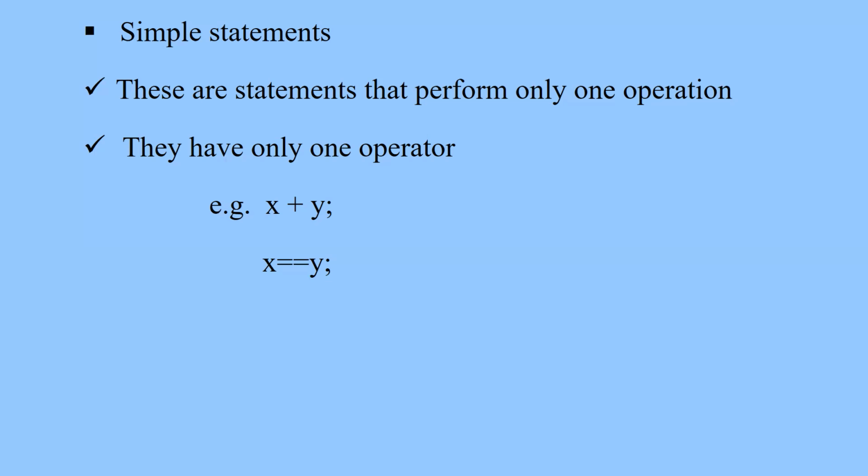So when you see x followed by this operator in C, it is called the equal operator, equal to. So the content of the memory location called X is equal to the content of the memory location called Y.